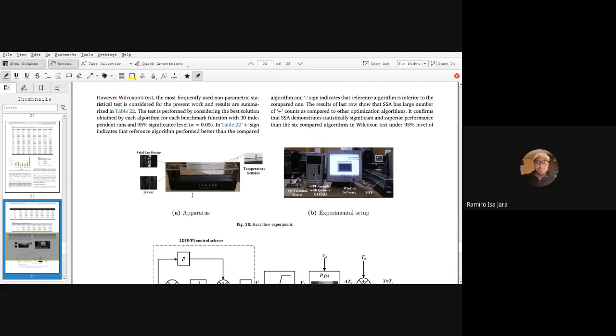In this case, four temperature sensors in a row are the inputs of the system, and the algorithm computes the best way to evaluate and send a signal to the actuators to control temperature.